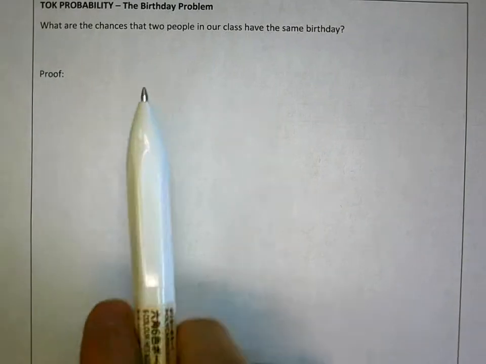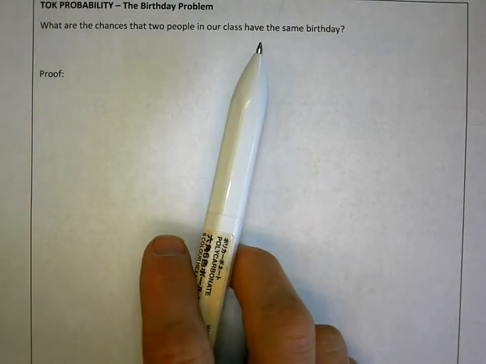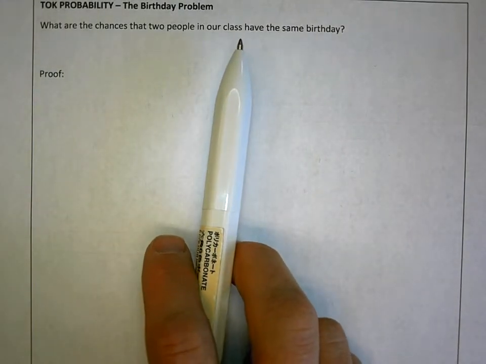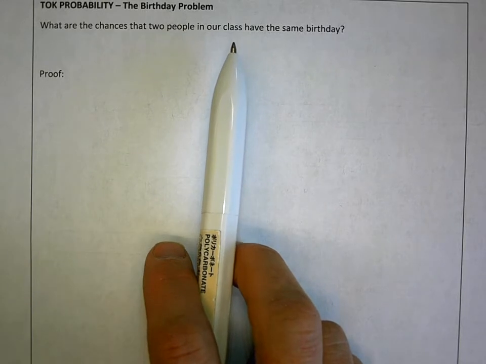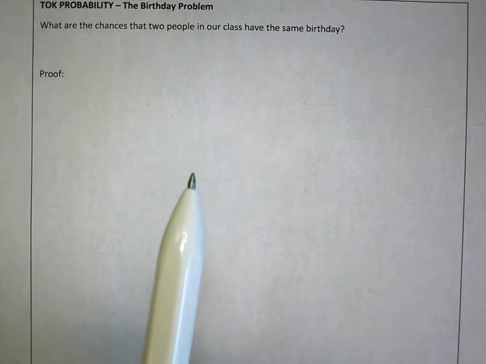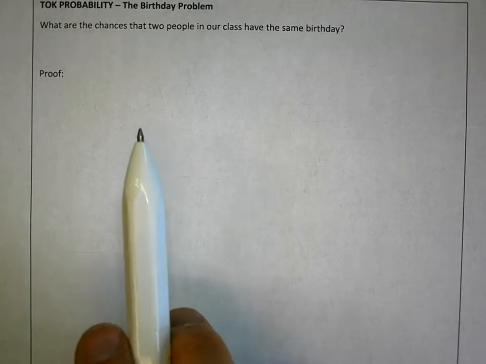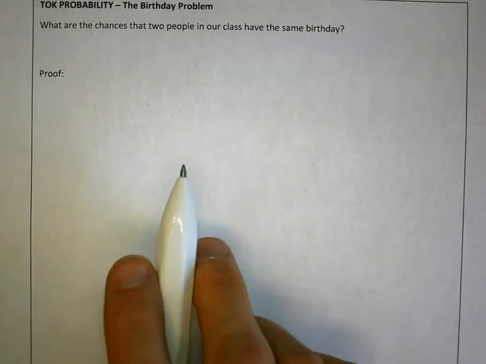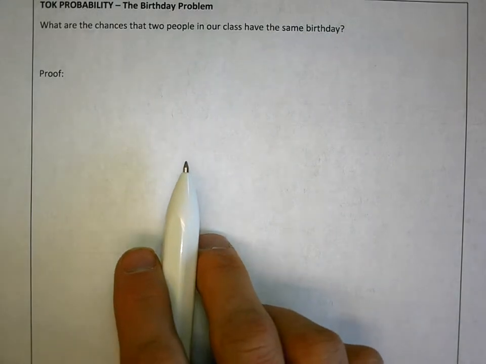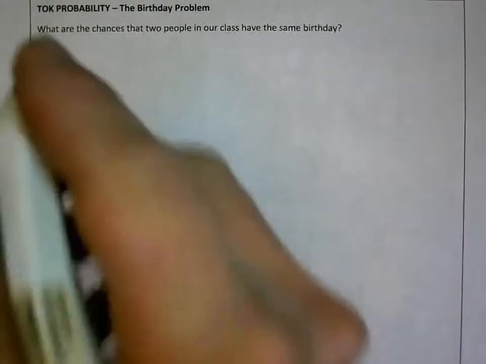What are the chances that 2 people in our class have the same birthday? So usually we have about 25 students in the class. What's the probability that 2 people have the same birthday? Usually, you can try this next time you are in a real classroom, but usually the students say it's very low, with 5% chance, 1% chance.